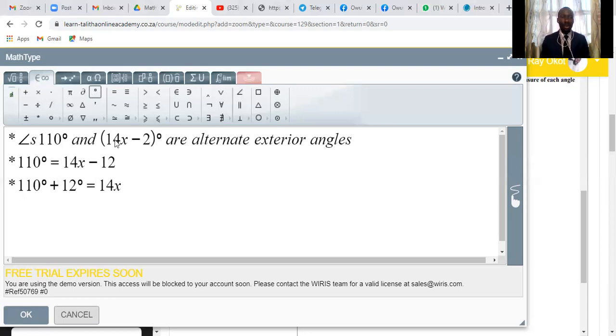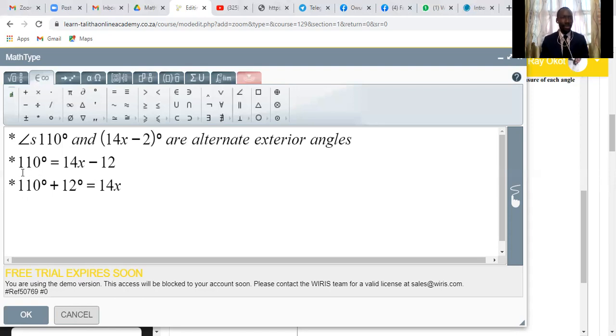On one side of the equal sign, we will be having 14x. Now notice when we transfer 12x from the right hand side to the left hand side of the equal sign, what happens is that the 12x which was minus becomes a plus. That would have also been a similar case if we transferred 110 degrees to the right hand side.